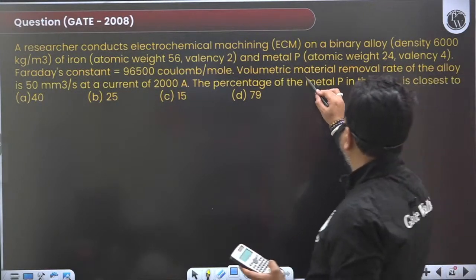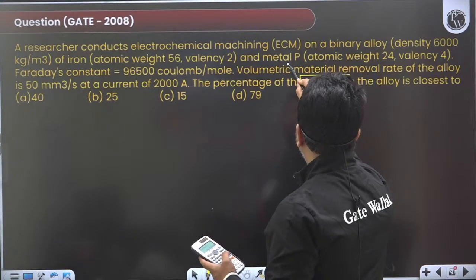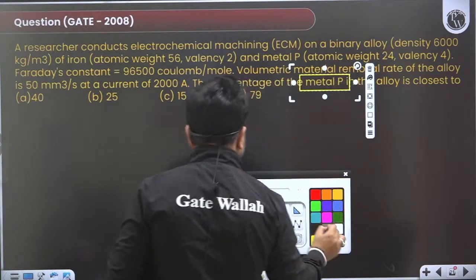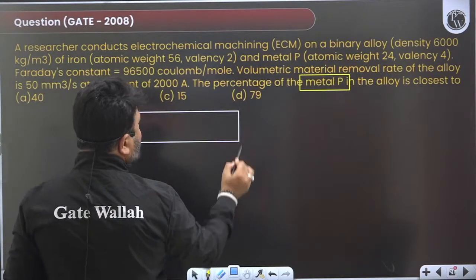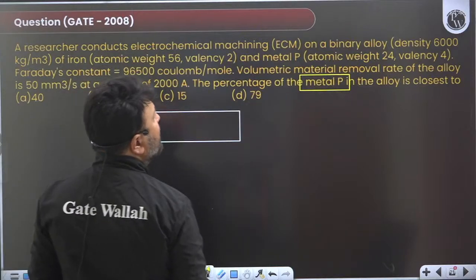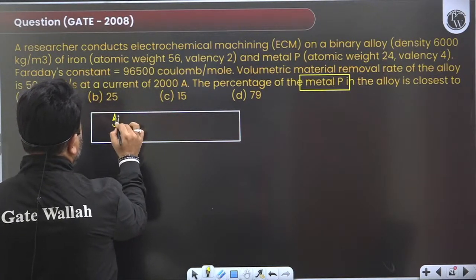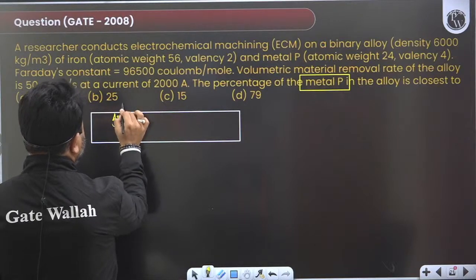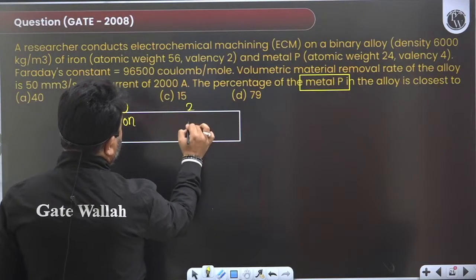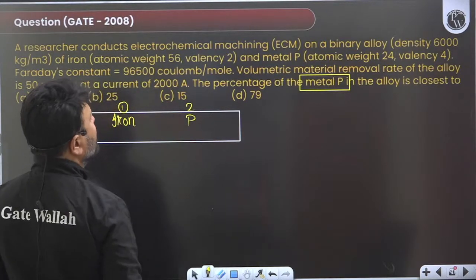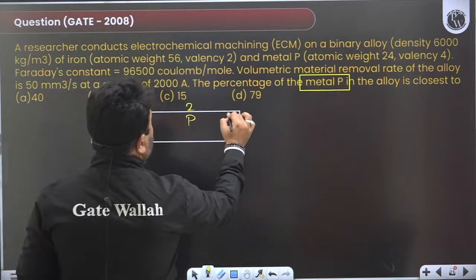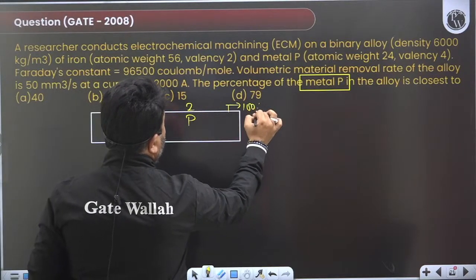Okay, next, the percentage of metal P. Here you can see that there is a binary alloy of metal 1, that is iron, and a metal 2 which is P. Overall composition is 100%.